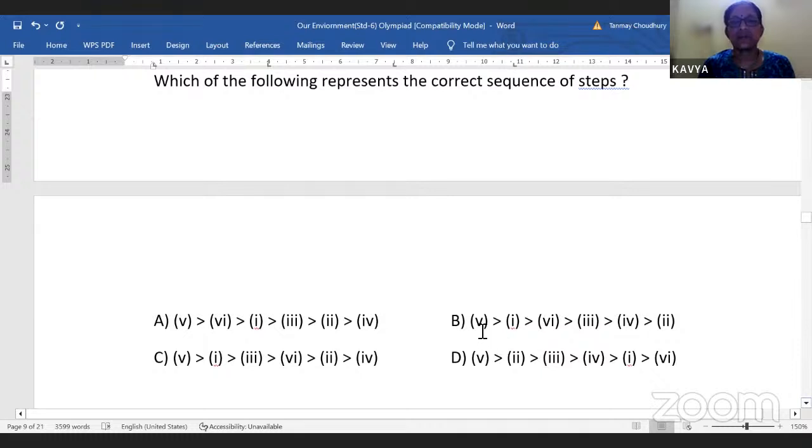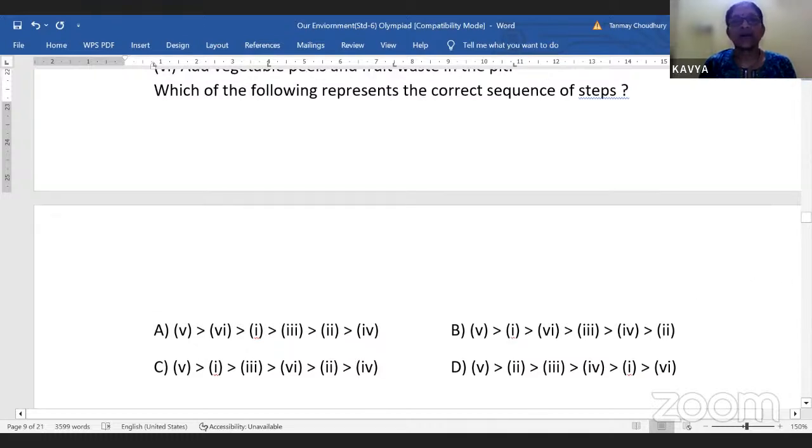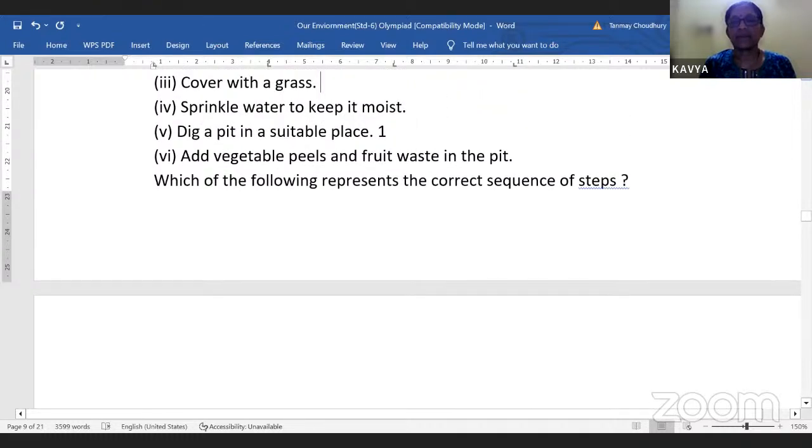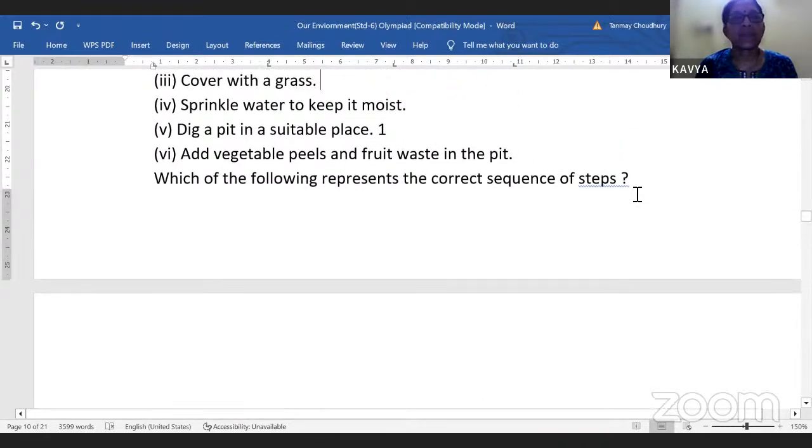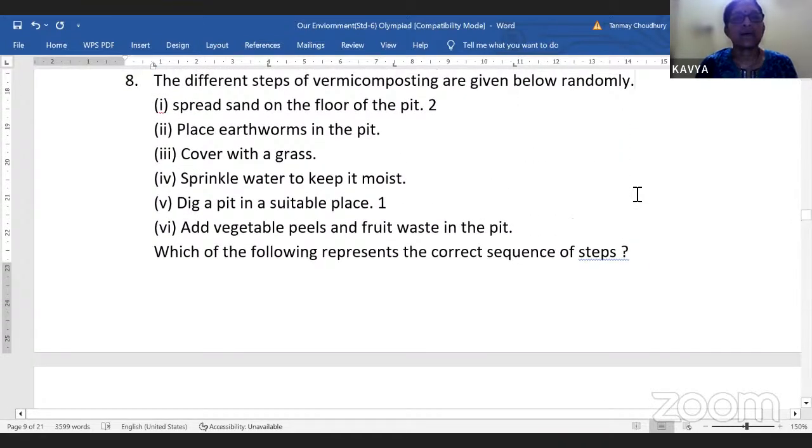The fifth option is the first one. So either B or C. Now the next step.